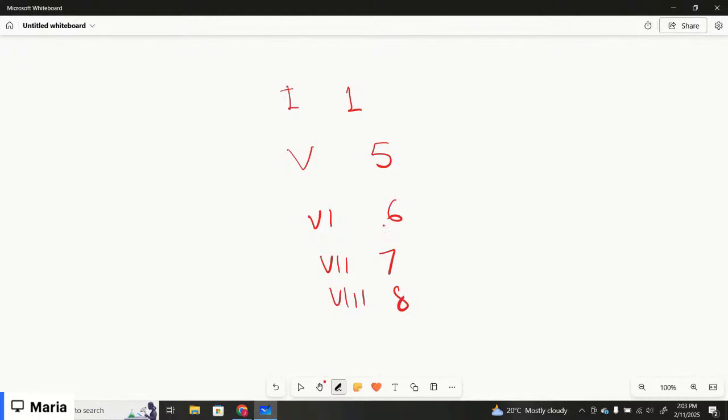That is 8. X is for 10. Then you have 11, and if you add on the left hand side, that is 1 less than 10, right?